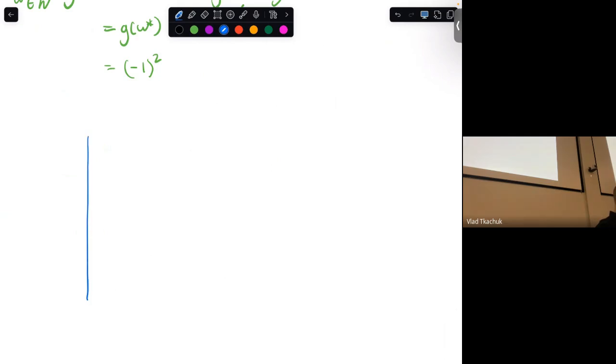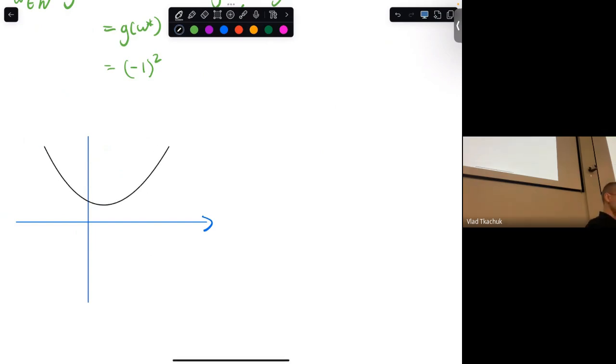Let's just draw it visually, and then we do the math again. Maybe I'll just do this with one plot. So suppose you now have this quadratic function, and this is g of w. And we had these points, where the minimum value was over here.